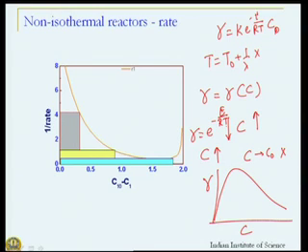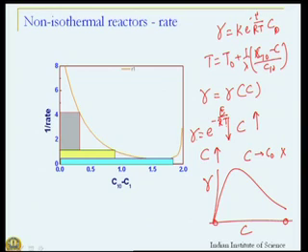Why this behavior? Because if concentration is low, the rate is low, because it is linearly proportional. If concentration is high, remember concentration and temperature are related to each other. So, if concentration is close to C10, that is high, temperature is close to inlet temperature, which is a low value. So, e raised to minus E by RT is a low value, and therefore, the product is also low.